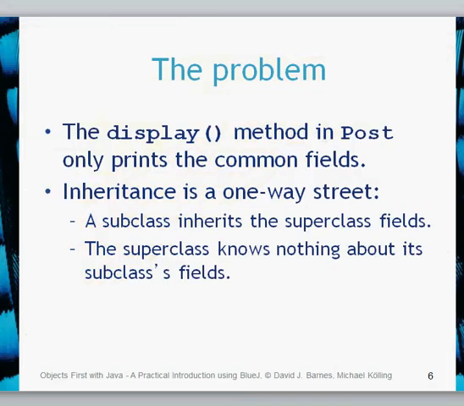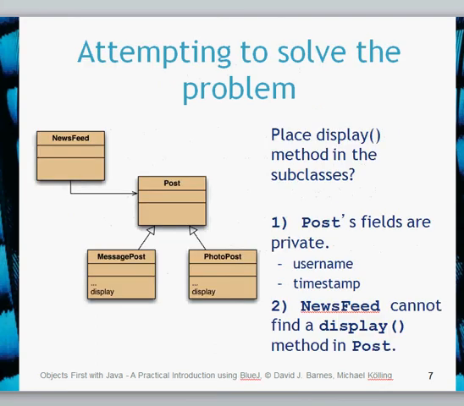So the problem with this is inheritance really is a one-way street. A subclass can inherit the superclass fields, but the superclass knows nothing about subclass fields, so that's a bit of a problem. One potential solution, the wrong solution, but one solution which you could do was maybe place the display method in the subclasses. So you pull the display method out completely and put it in those message post and photo post subclasses.